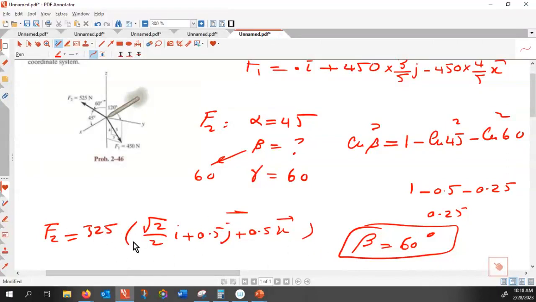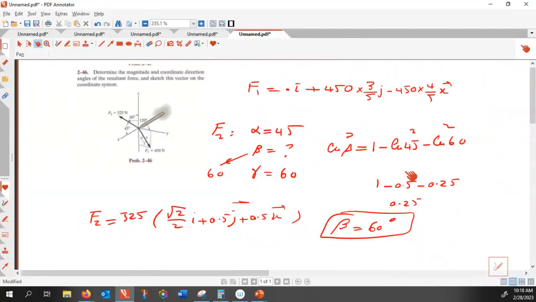Okay, so once you work out this one, I can simply add them together.